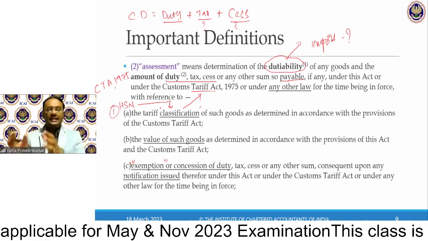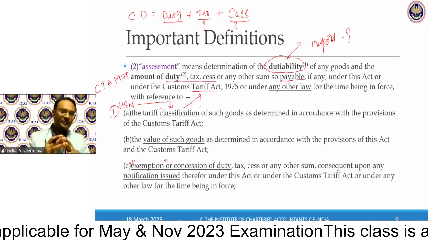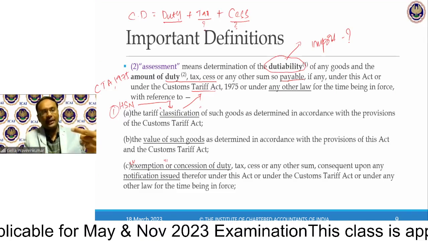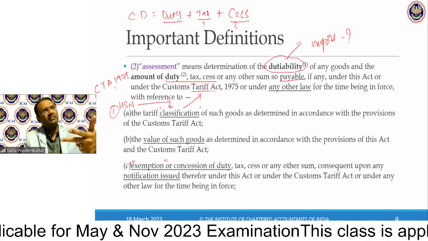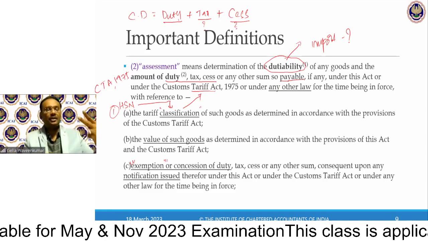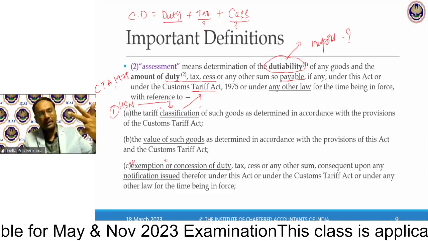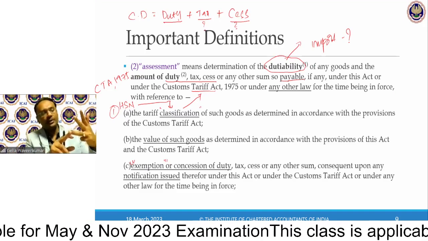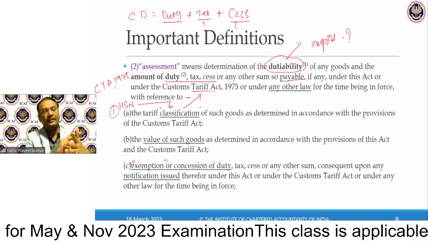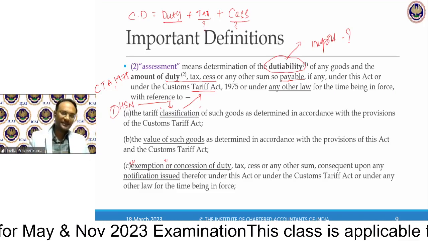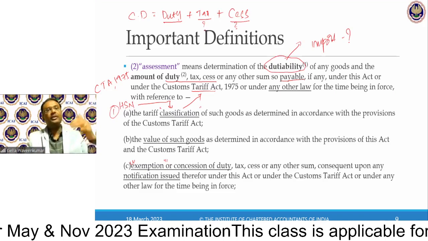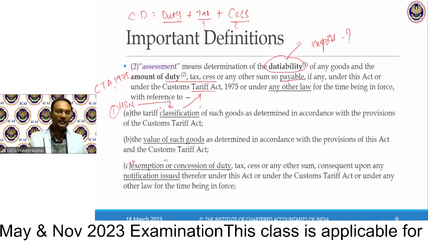Now, what if these three are combined in a handset called mobile? A mobile has a radio, a watch, a torchlight, and also features for exchanging communication. Now, there comes your classification, where you will look into the Customs Tariff Act.